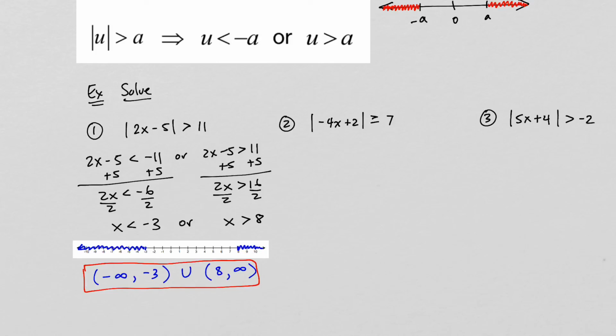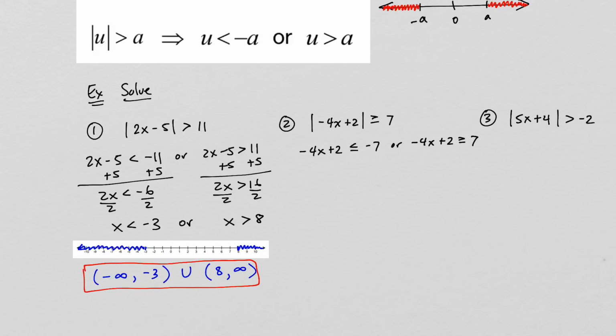Let's try our second example. So again, if the absolute value of negative 4x plus 2 is greater than or equal to 7, either negative 4x plus 2 is less than or equal to negative 7, or negative 4x plus 2 is greater than or equal to 7.